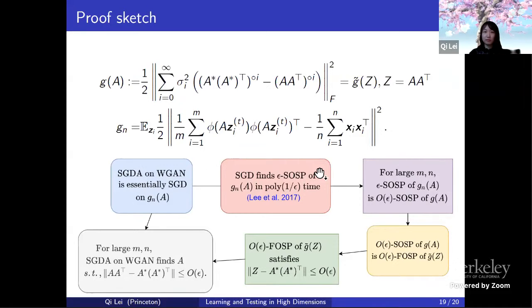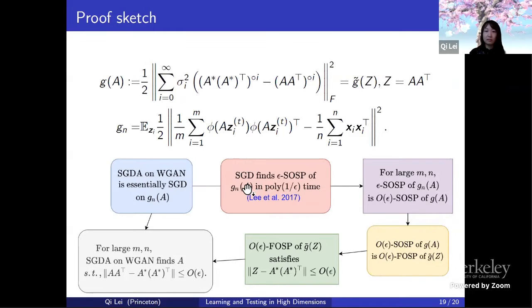So the proof sketch roughly is the following steps. First, it's very easy to see that stochastic gradient descent ascent and WGAN will be essentially SGD on this GN.